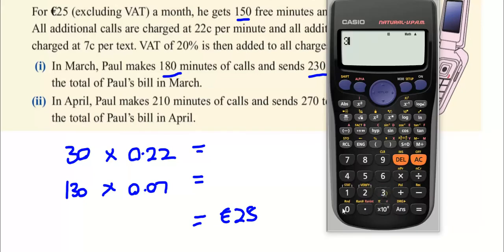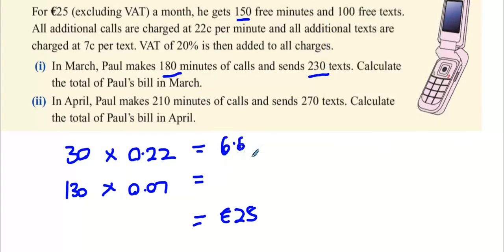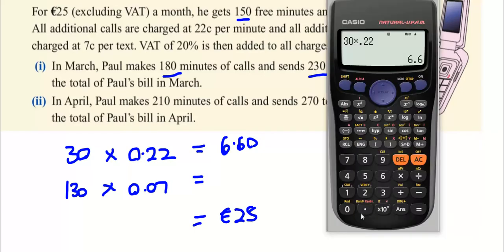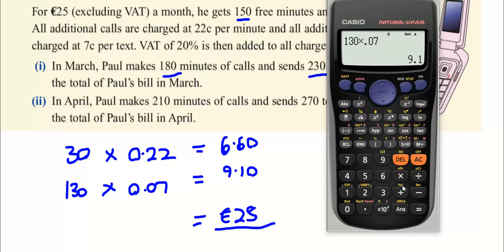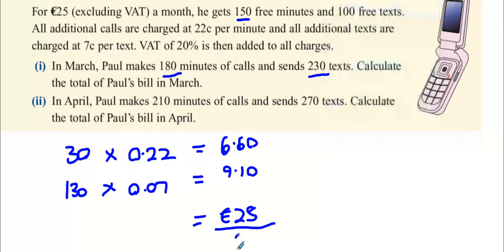So it's 30 by 0.22, which is €6.60, and then 130 by 0.07, €9.10. Then you have to treat them together. 9.1 plus 6.6 plus 25, and you get €40.70.